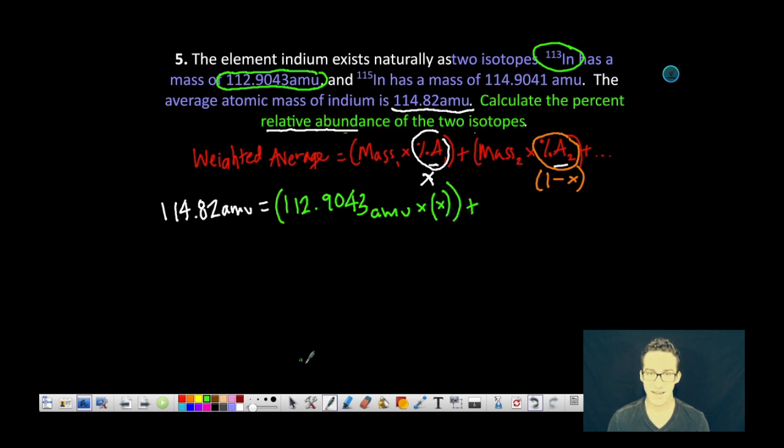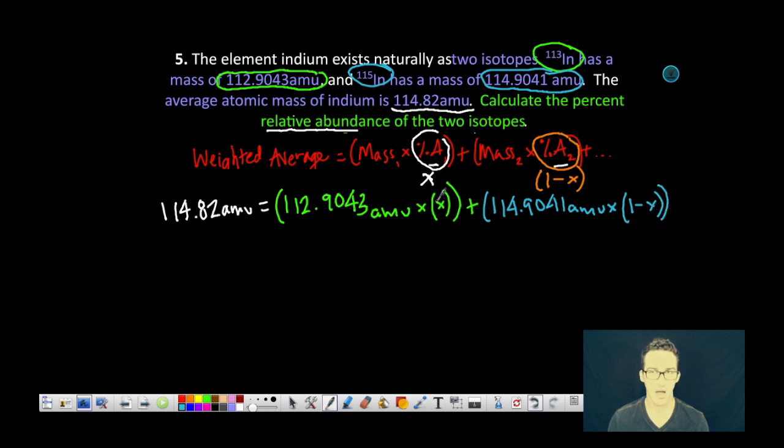We're going to add to that the mass of the second isotope, in this case indium-115, which has a mass of 114.9041 AMU, times its percent abundance, which is 1 minus X.